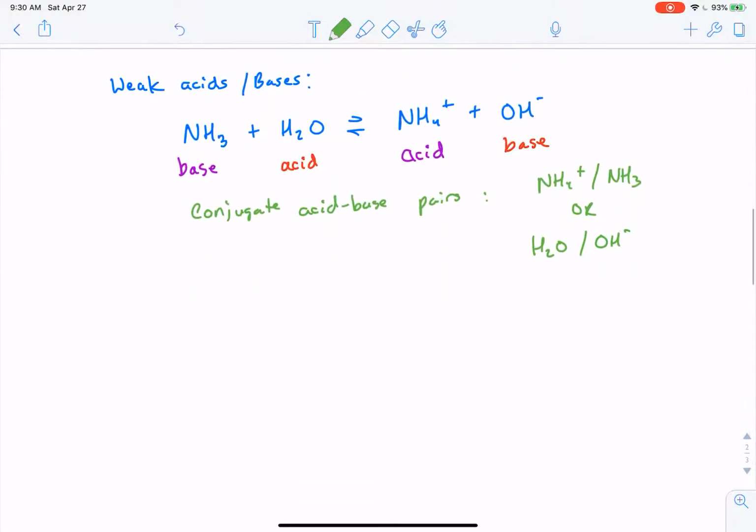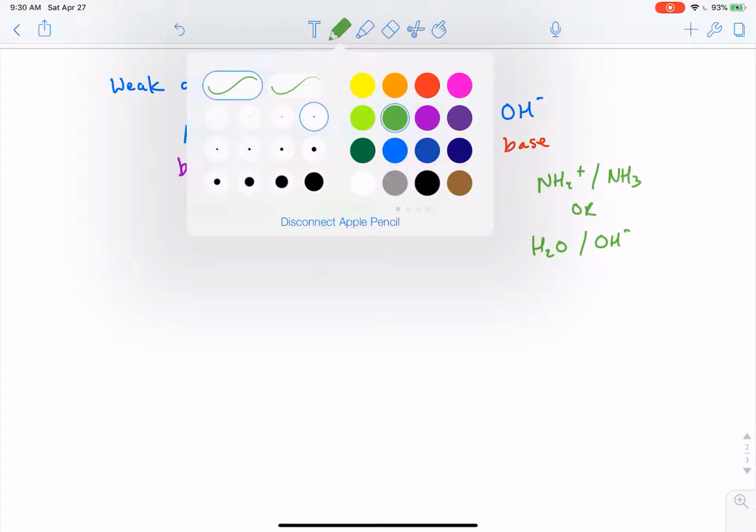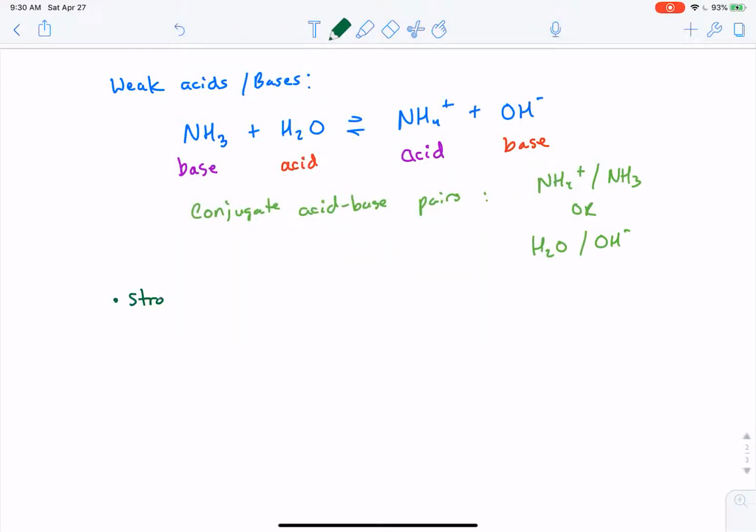Now, a couple of notes here as well. The stronger the acid or base, the weaker the conjugate. So if you have an acid that dissociates a lot, its conjugate base is much, much weaker. And I'm not saying strong and weak, I'm saying stronger, which is a relative term.